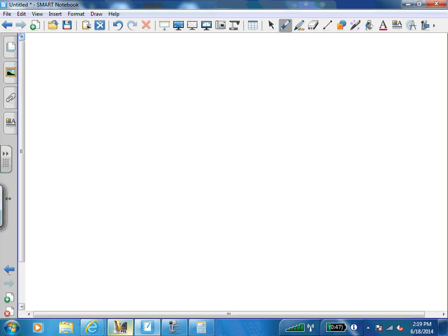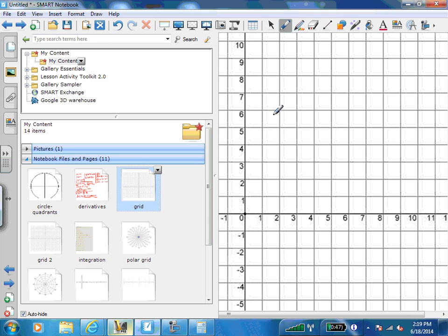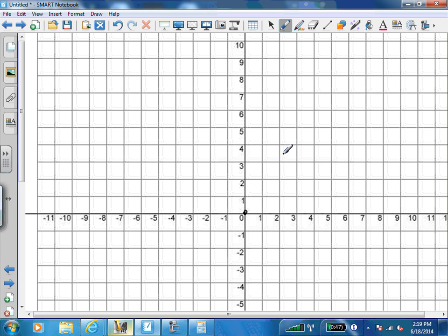So the way that we're going to get volume is we're going to start with a curve. Let's just look at a standard parabola from 1 to 2.